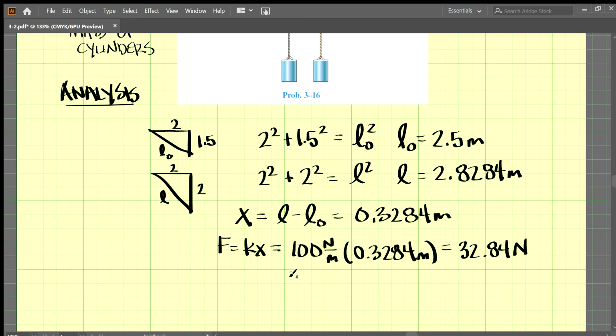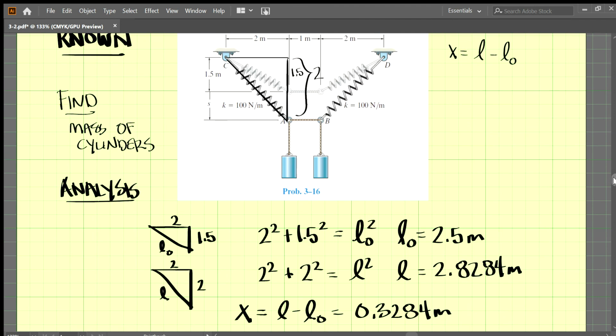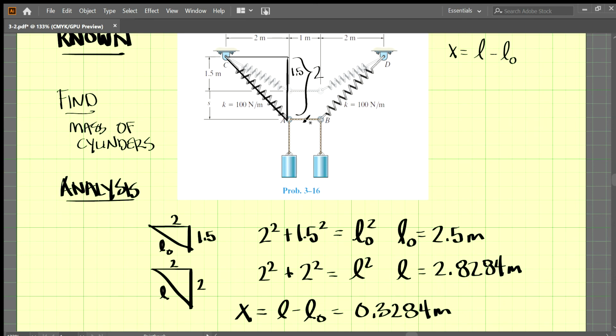So we're almost there. We've figured out the force in each of these springs. And now we just need to draw a free body diagram so we can figure out the mass of the cylinders. So let's do that.